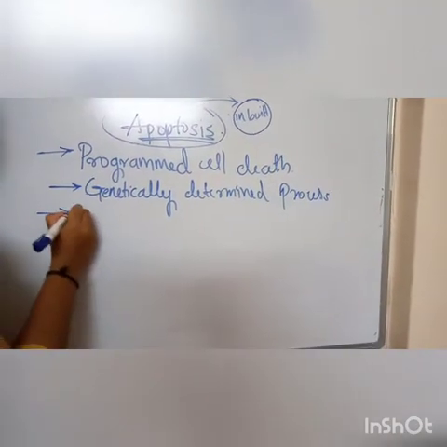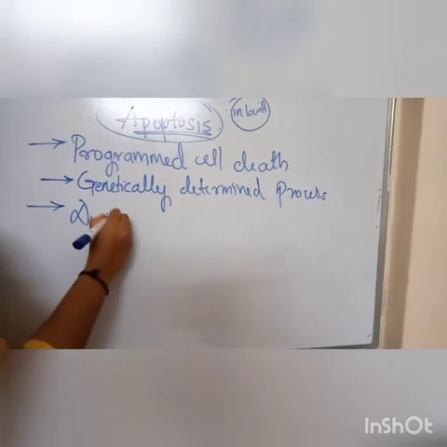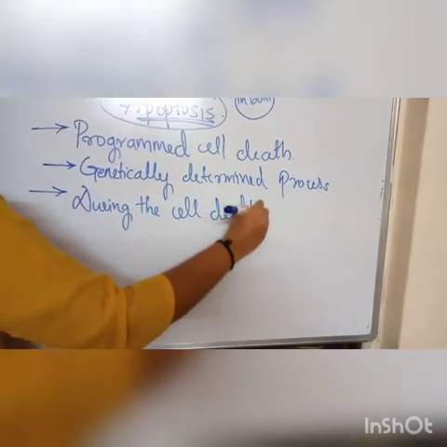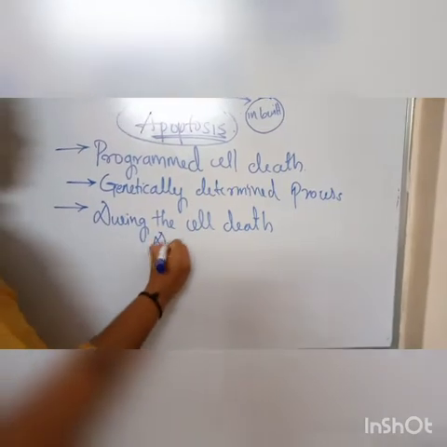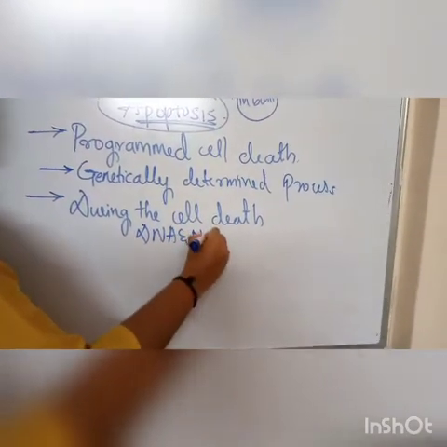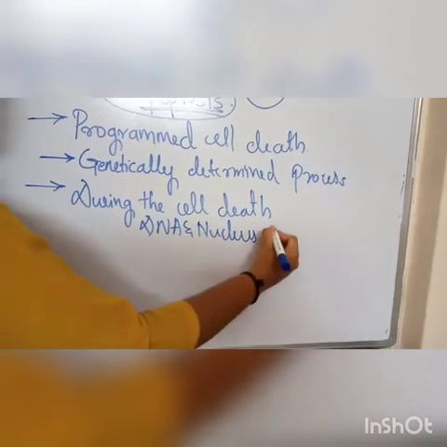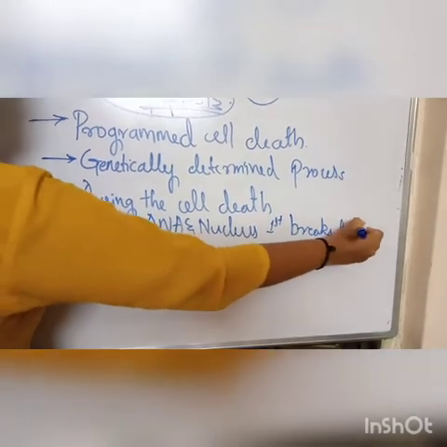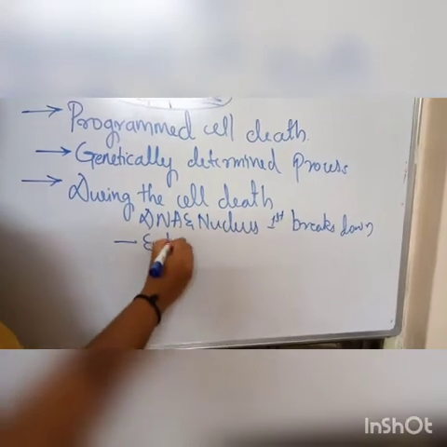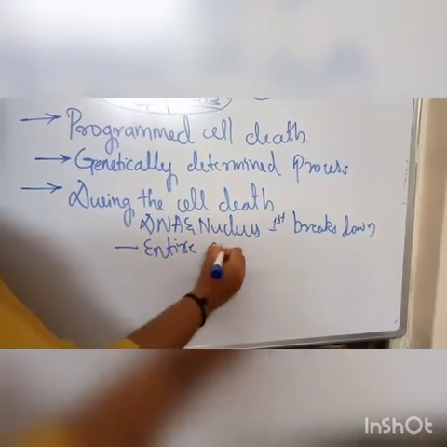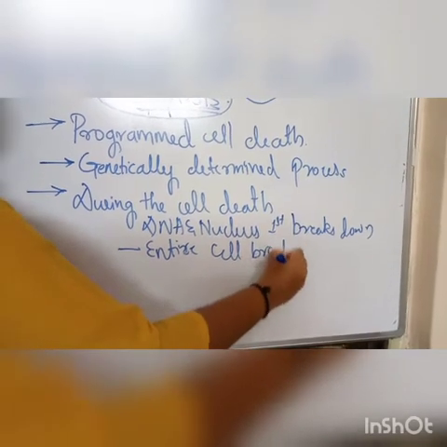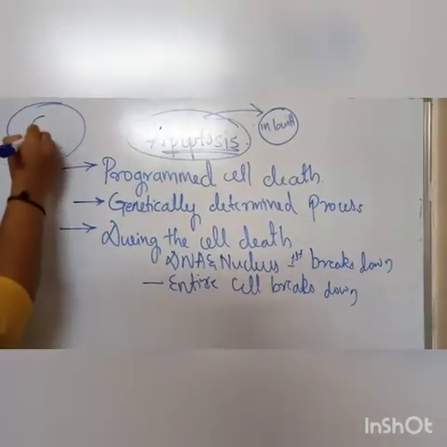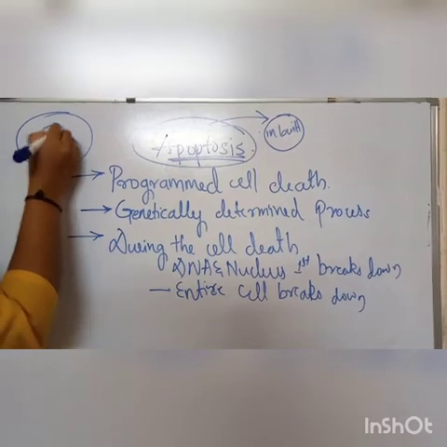During the cell death, DNA and nucleus first break down. Later, the entire cell breaks. Consider this is the cell. In this cell there is a nucleus and the nucleus contains the DNA.